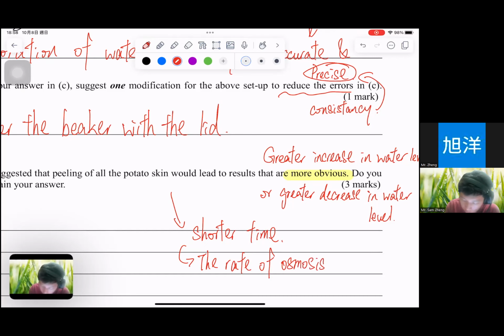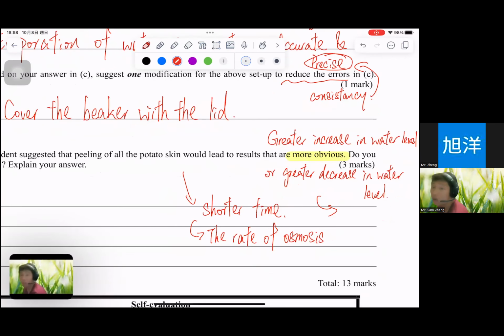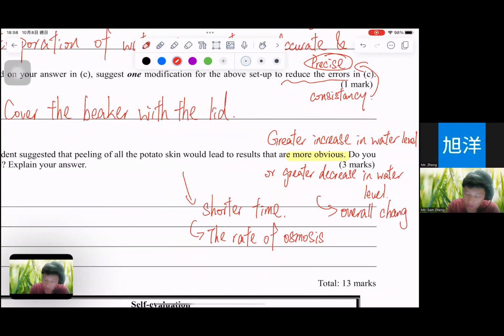While for "obvious", we are talking about the overall change, or the difference between the initial and final water levels.